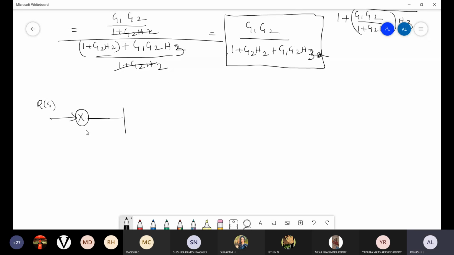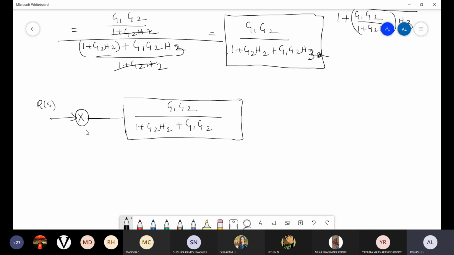The minor feedback loop is reduced to this particular value, that is G1 G2 divided by 1 plus G2 H2 plus G1 G2 H3. That is going to the C of S, and here the feedback elements are H1 H2.